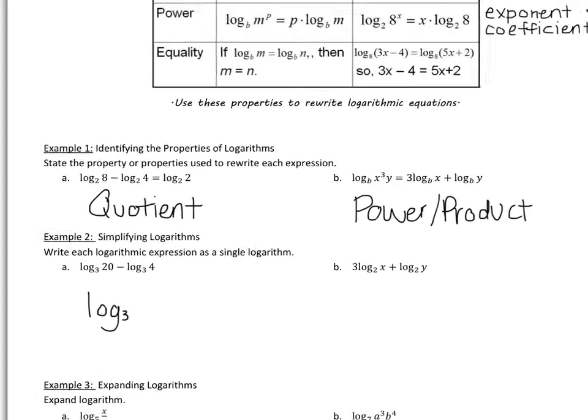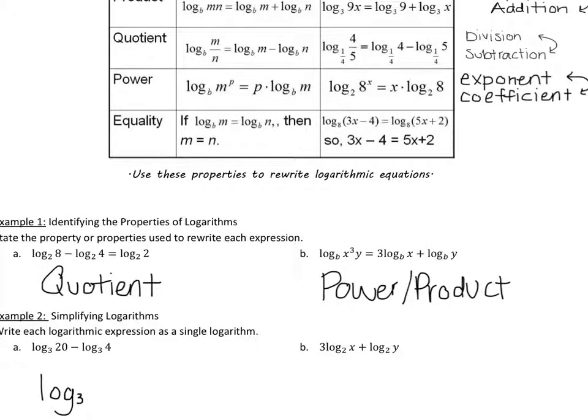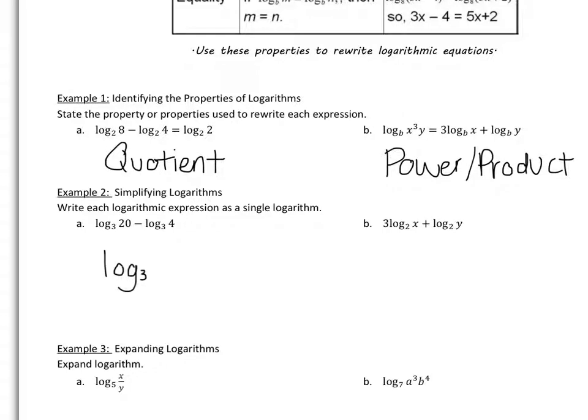Based on up here, when it's subtraction, you turn it into a division. So we need 20 divided by 4. And what is 20 divided by 4? 5. So log base 3 of 5 is your answer. And we use the quotient property to make that happen.